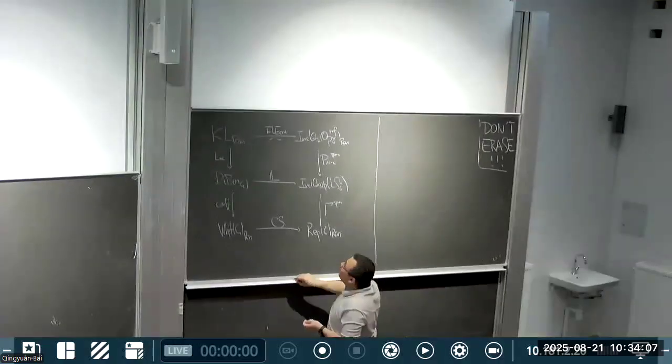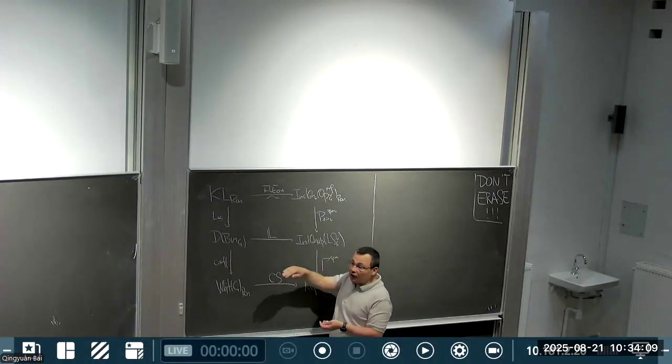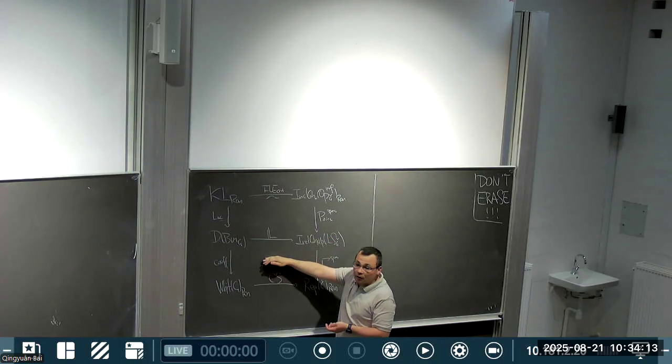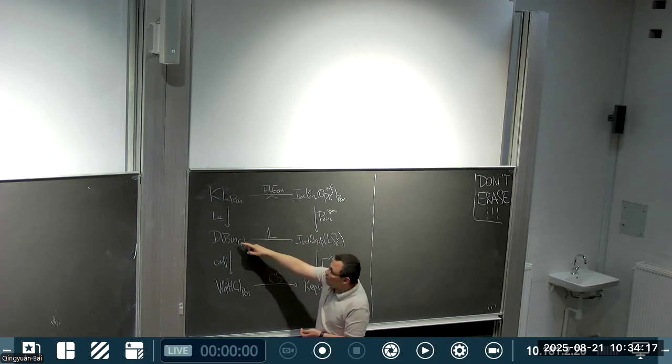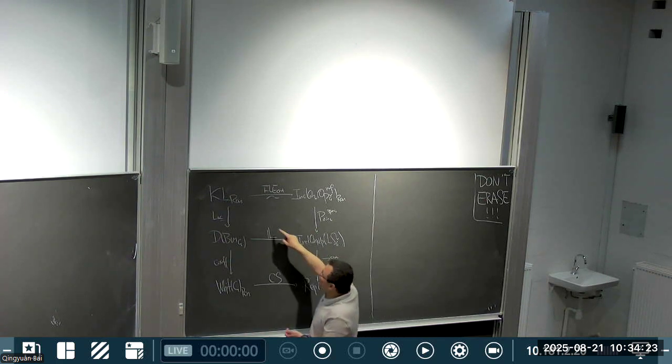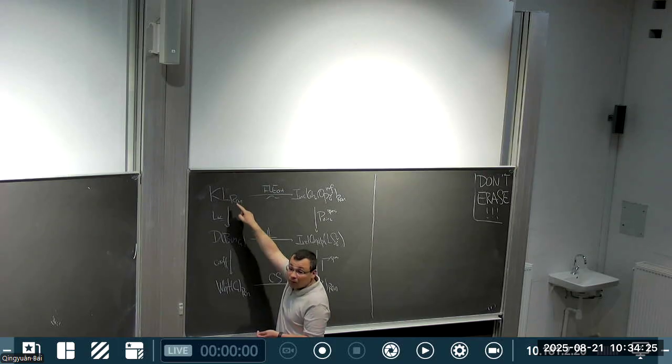You want to prove the commutativity of the top diagram. You know that the bottom one commutes, we already have that. And if both of these functors were fully faithful, then it would be enough to establish commutativity of the outer diagram.